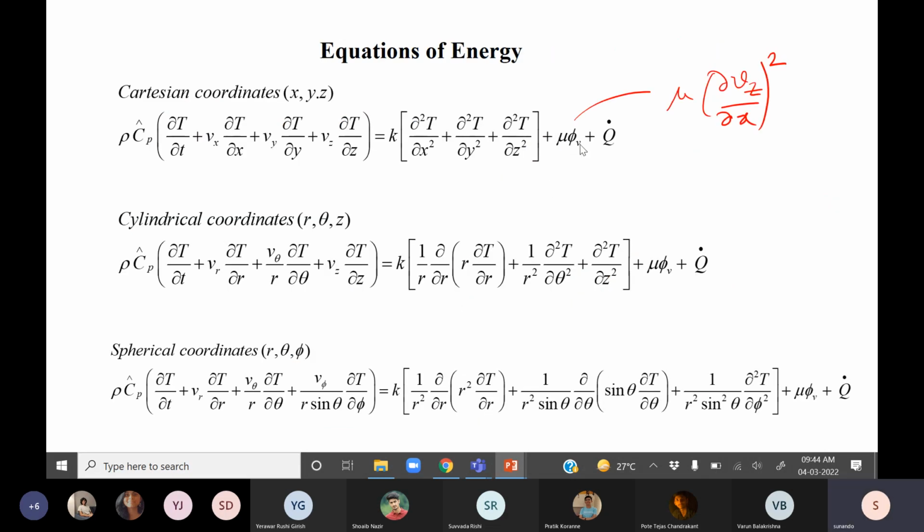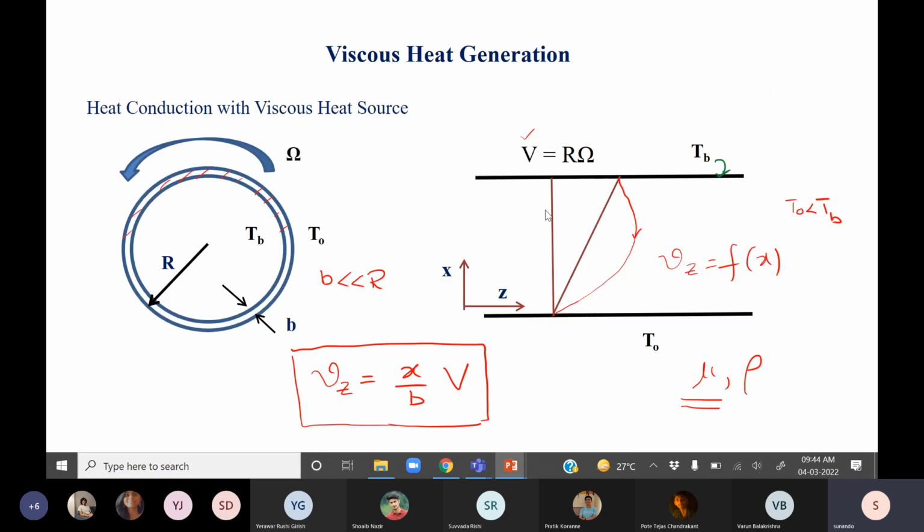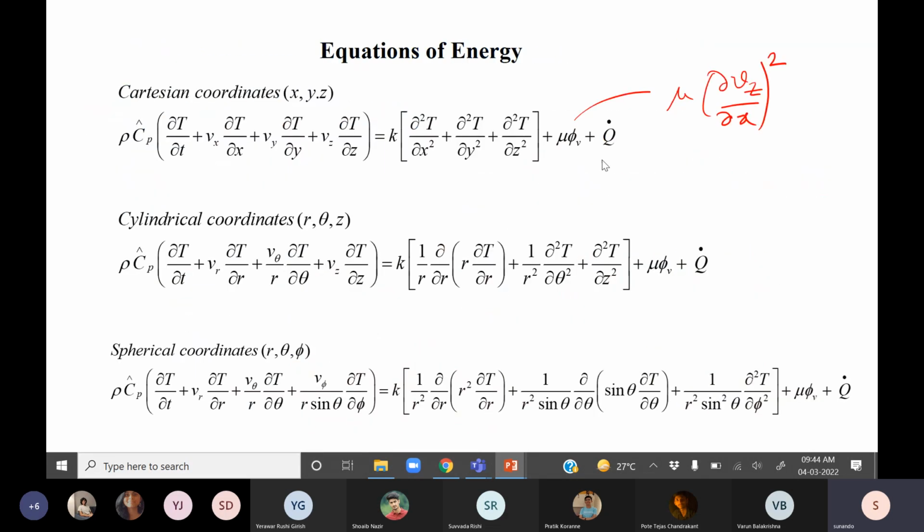Had it not been there, it would simply be k d2T dx squared equal to 0, and the solution of that would result in a linear temperature variation between T0 and TB. But now I have the additional term of mu times dVz dx whole square.